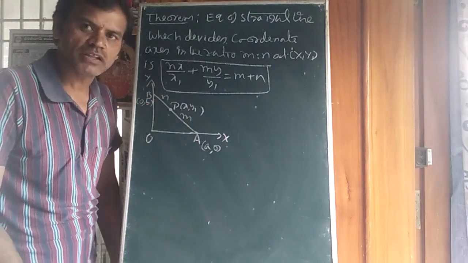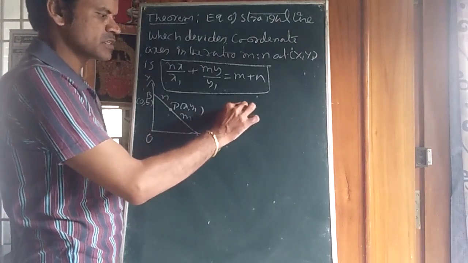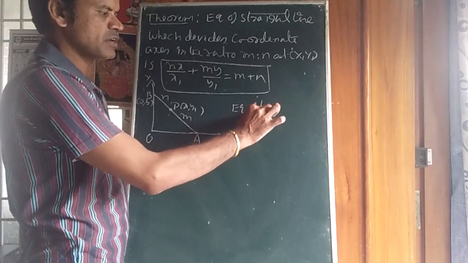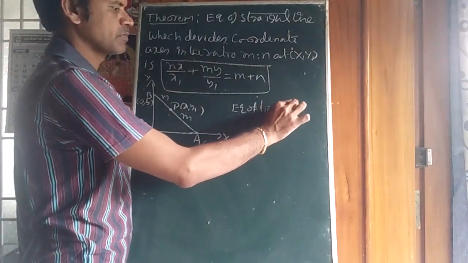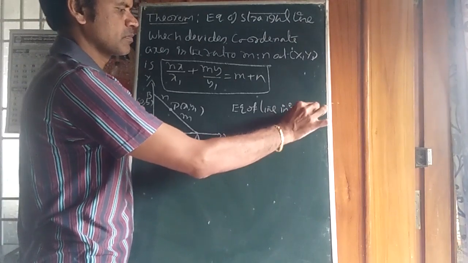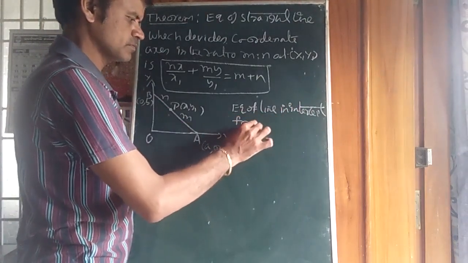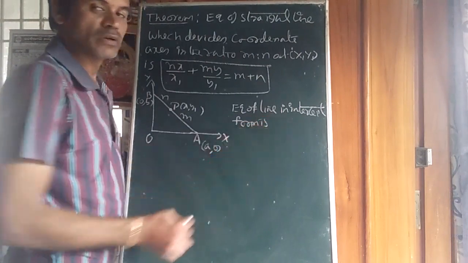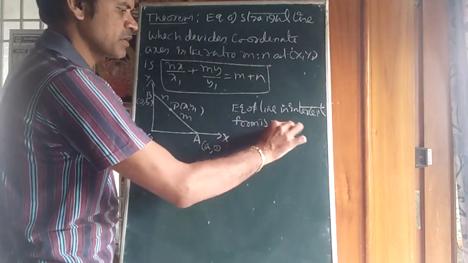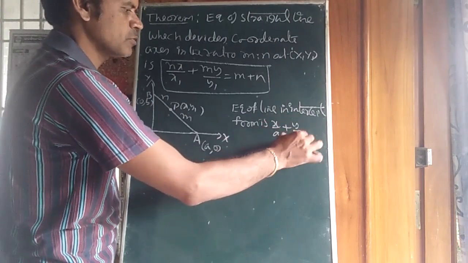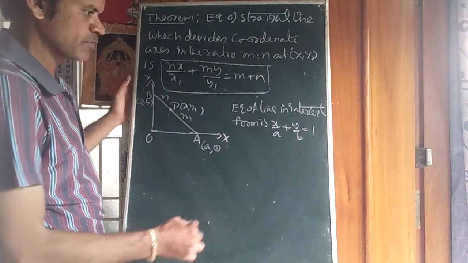Then you will calculate the equation of line. So this is nothing but the equation of line in intercept form: x by a plus y by b equal to 1.